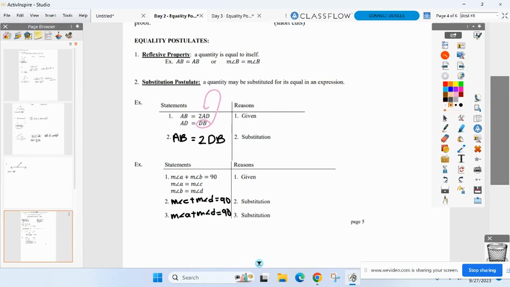Angle A repeated itself and angle B. So that clues me in that substitution is probably going to be needed when I see repetition of segments or angles. Don't forget that. If I see repetition of any segments or angles, probably some substitution time.